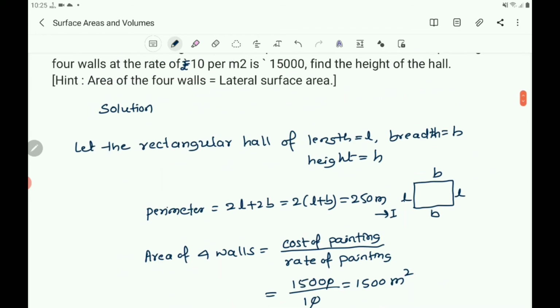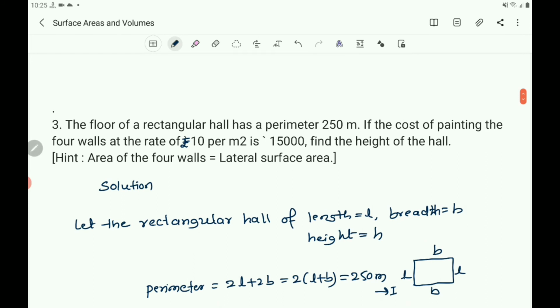Here in this question, the total cost of the painting is given and the rate of painting is given. If the total cost is divided by the rate, you will get the surface area of the four walls.